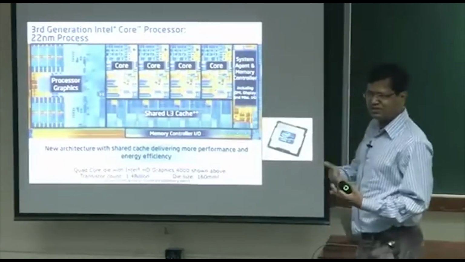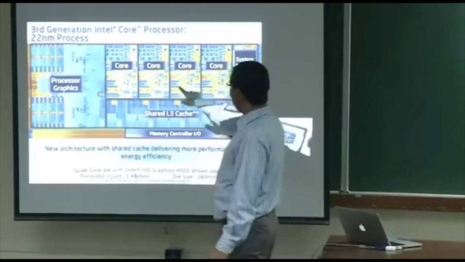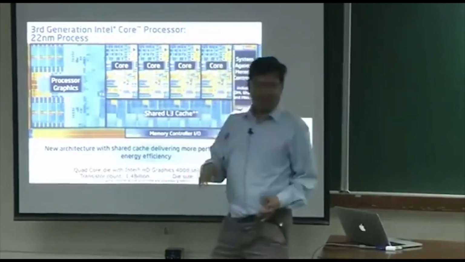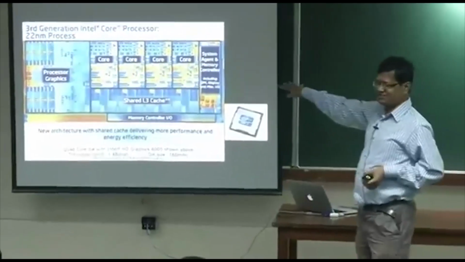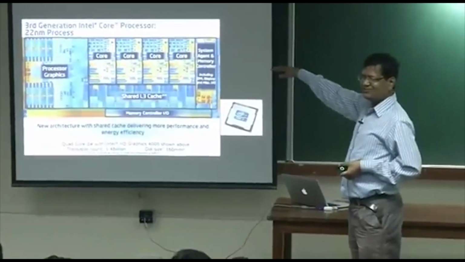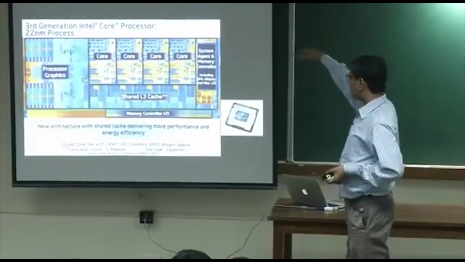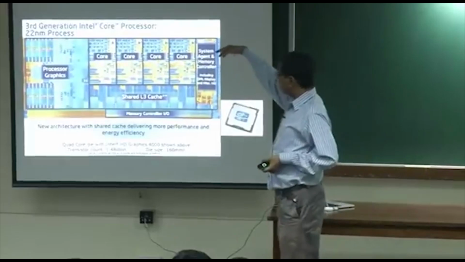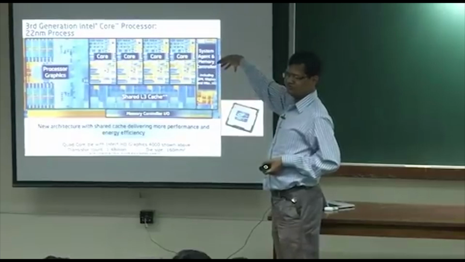Multiplication, addition, data transfer, all these are done by a single core. You can think of Ravan, who has 10 heads. Right now this has 4 heads, and each head can do its function. Now there are CPUs which have 15 cores.